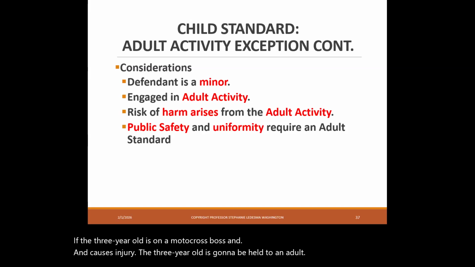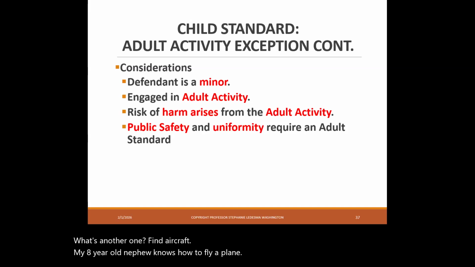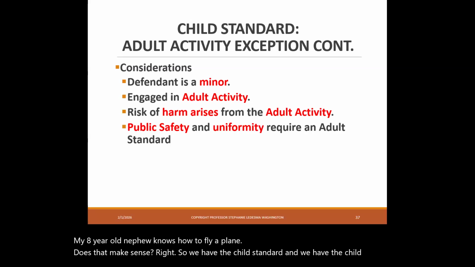That's that general person standard. What's another one? Using heavy machinery. What's another one? Shooting rifles. What's another one? Flying aircraft, right? My 8-year-old nephew knows how to fly a plane. Great. Does that make sense? Right. So we have the child standard and we have the child standard that's based on an adult activity.